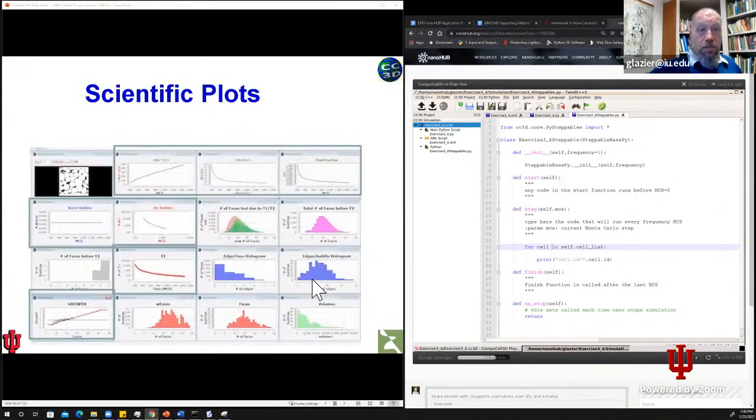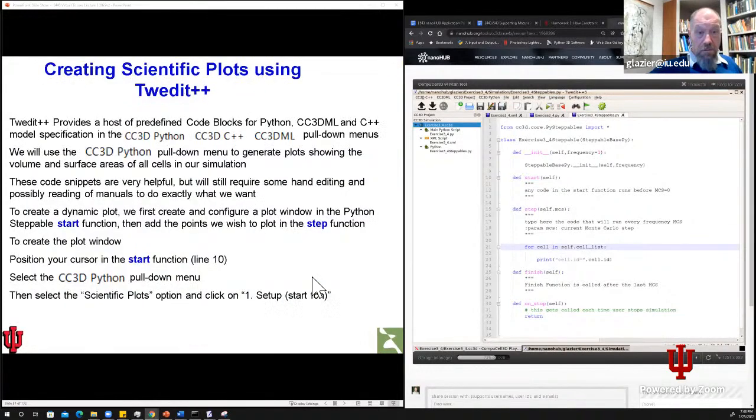And now I'd like to talk about plotting things. And we're going to run out of time in about 5 minutes, but I want to at least get this done so we can do the homework. So, as I mentioned, Twedit provides a lot of functionality to do things that we're going to do pretty commonly. One of the things that Twedit will help us do is create plots.